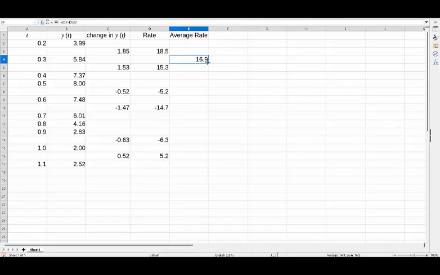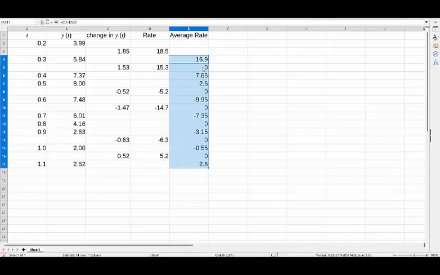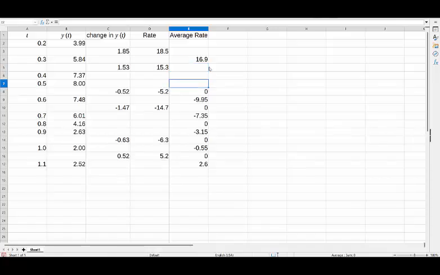And that creates our instantaneous rate of change at the points we're looking for. So we want these 3 values.